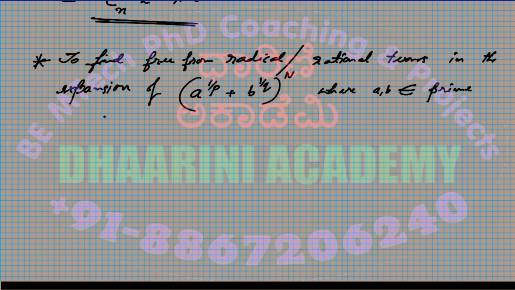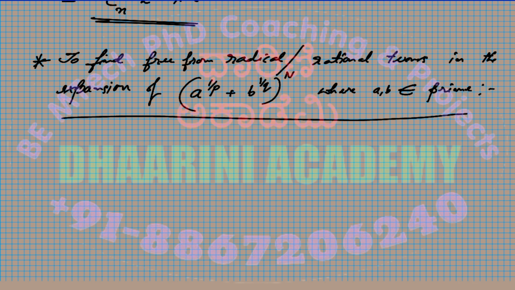So this is the point, right? I want to find out the free from radical or the rational terms. How to find that, we'll see.